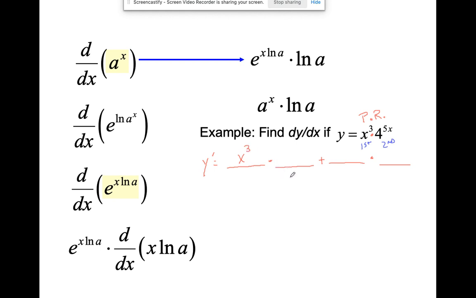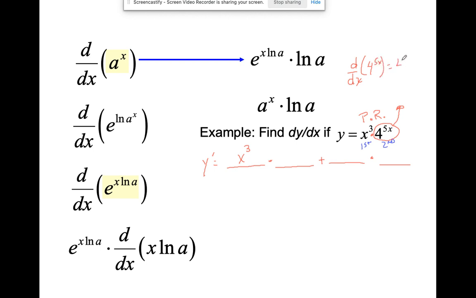So the derivative of the second, I take off into my workspace, and I say, what is the derivative of any number to the stuff?